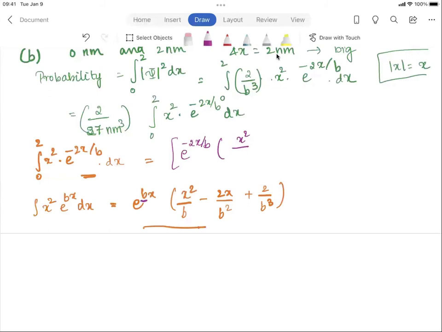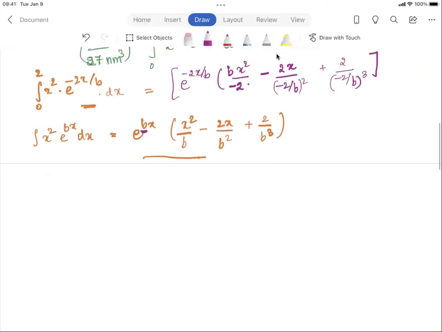The b here, for us, is going to be negative 2 over b, and I'm going to carry that b to the numerator. Then 2x over b squared, negative 2 over b whole squared, plus 2 over negative 2 over b whole cubed. This is what we end up with when we adapt this equation to our problem.